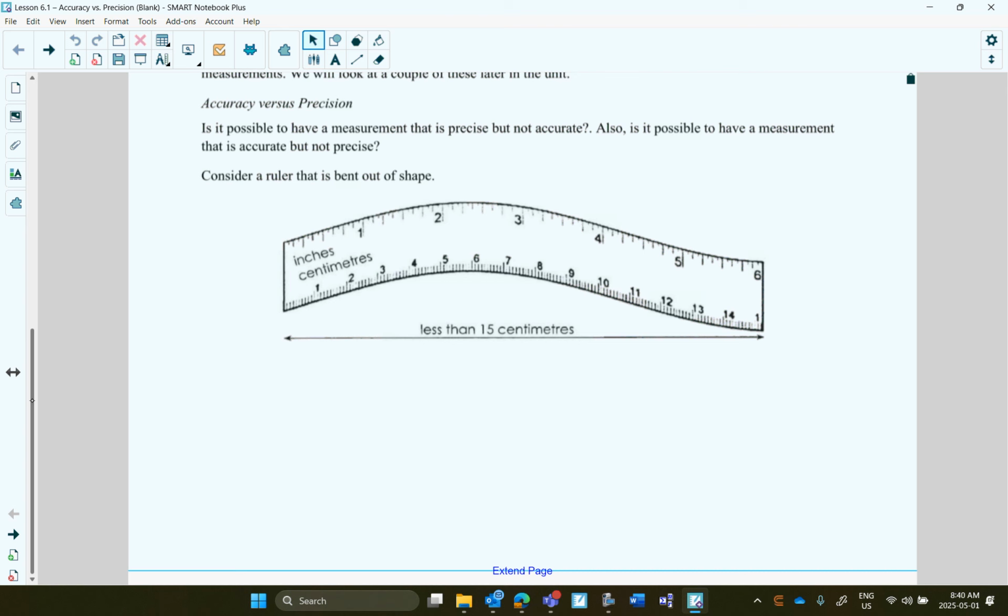No, because it's bent, right? It's not going to give you a value which represents the true value. However, if you measured over and over again, would you get close to the same value? So here's an example of something being not accurate, but precise.